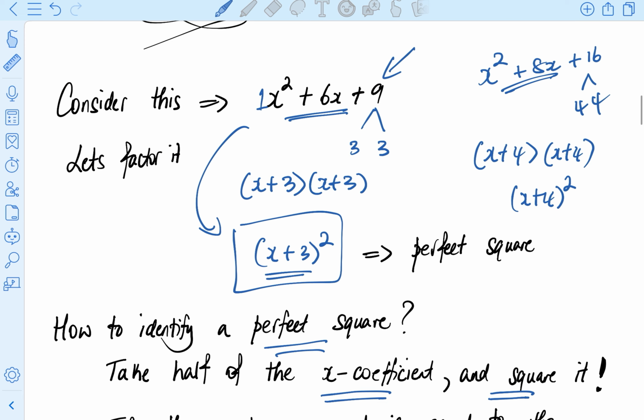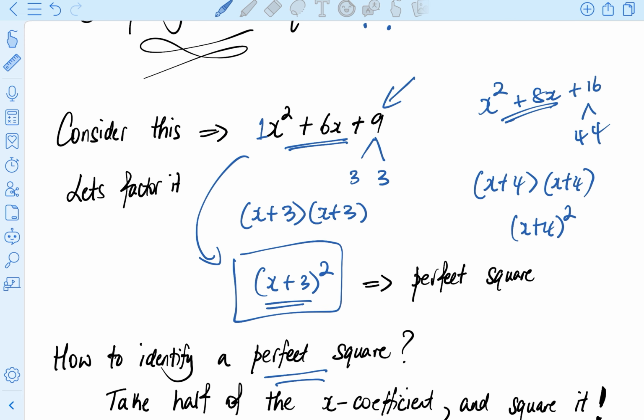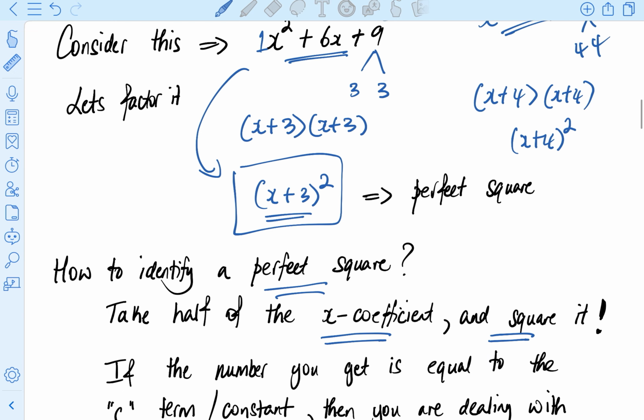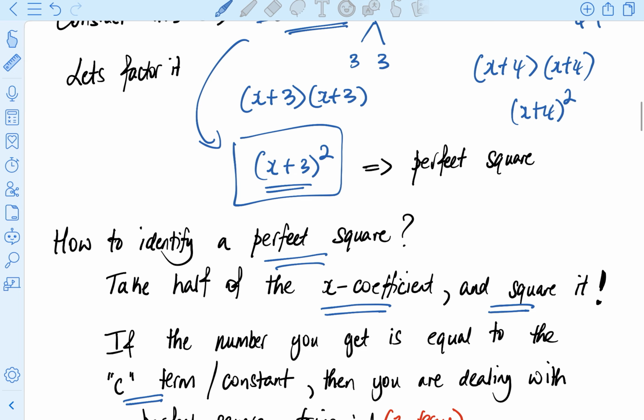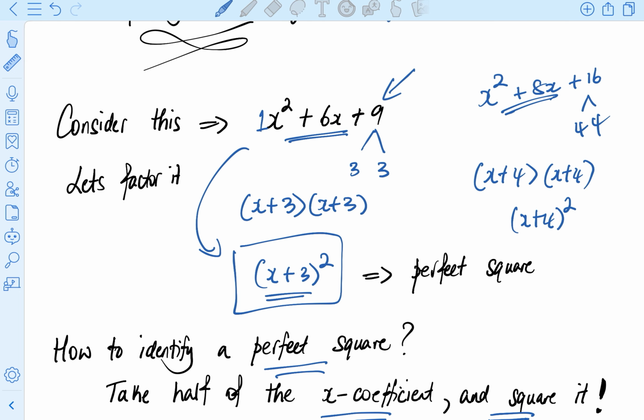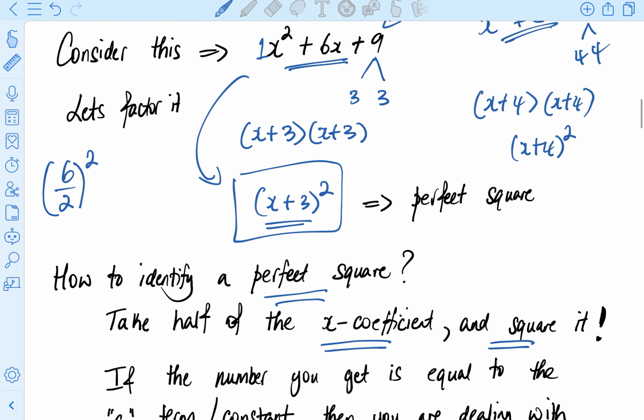So think about it. Let's examine this again. x squared plus 6x plus 9. This says take half of the x coefficient. The x coefficient is 6. We take half of it and then we square it. That's what it says.